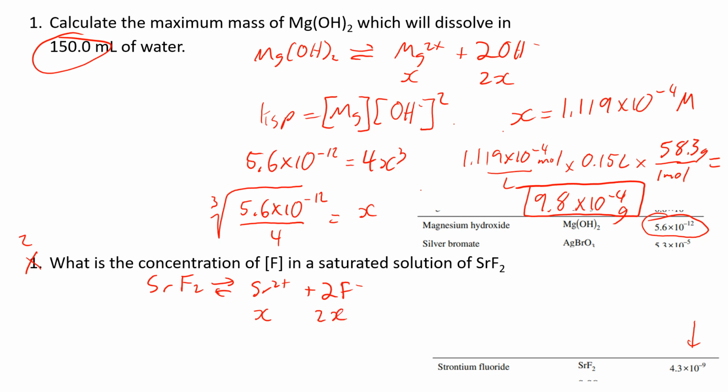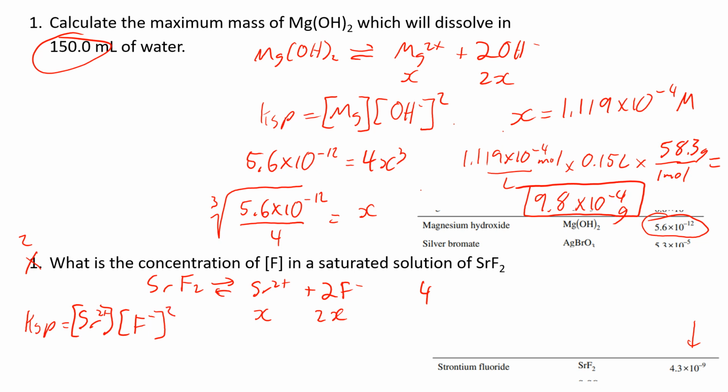It says what's the concentration of fluoride? So Ksp, I should write it out, Ksp equals strontium times fluoride squared.